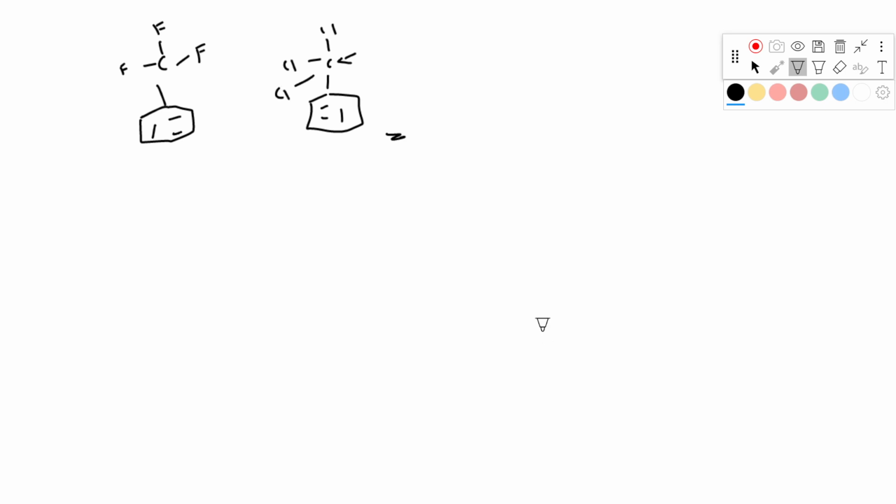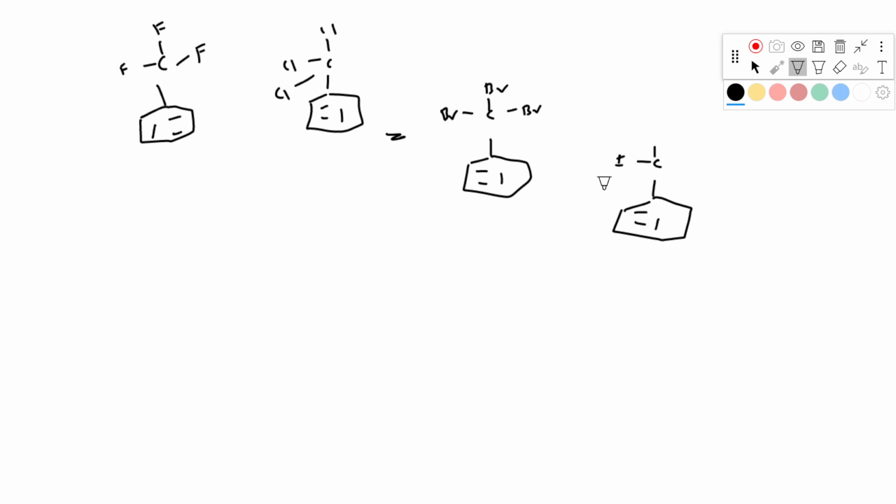Next is CBr3. The last option is CI3. So now the examiner is asking about the order of electrophilic attack.